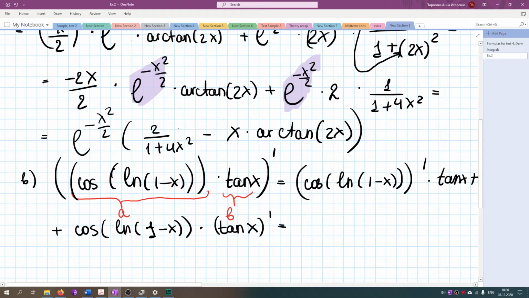Now let's look at this function, and we see that our natural logarithm is the inner part of our function, so it's a function inside another function. This means that the argument of the external function cosine is not simple, so we will need to multiply by the derivative of this inner function first.